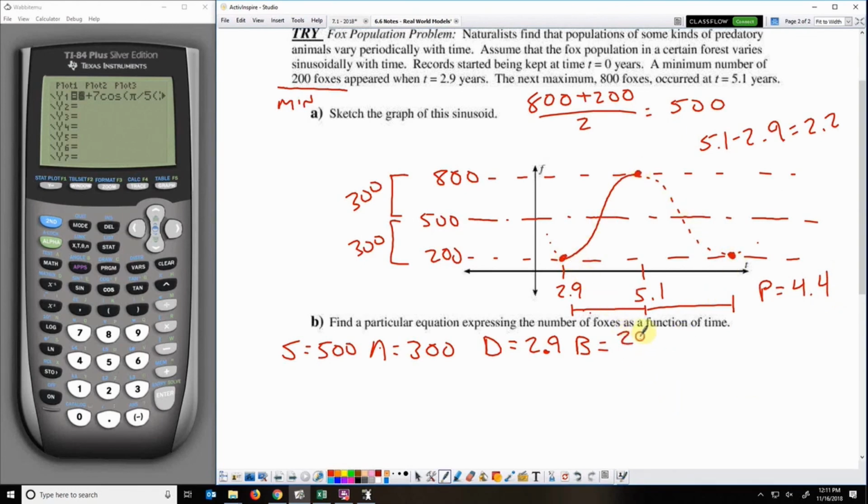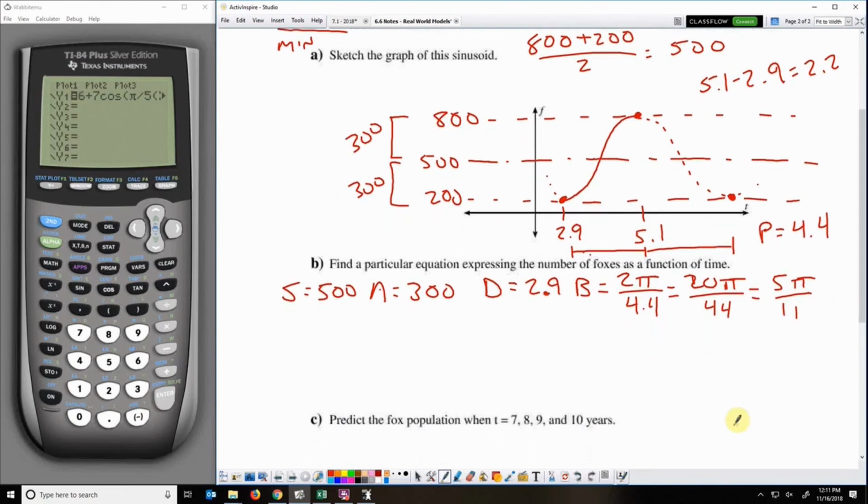So B is 2 pi over 4.4. Now if we multiply top and bottom here by 10, we'll get 20 pi over 44. And 4 goes into both of these 5 times and 11. So B is 5 pi over 11.